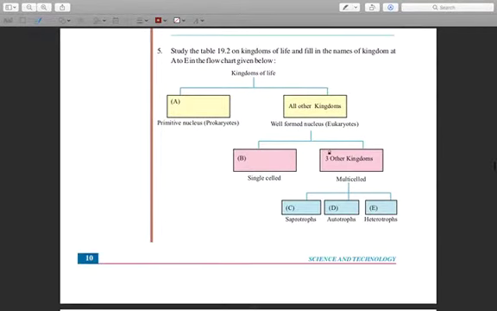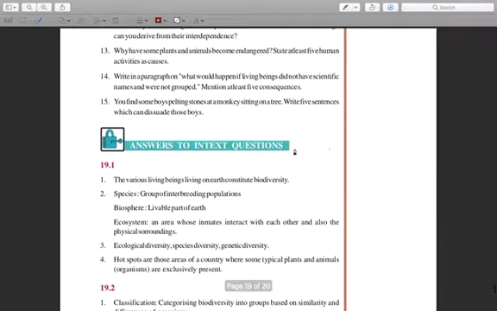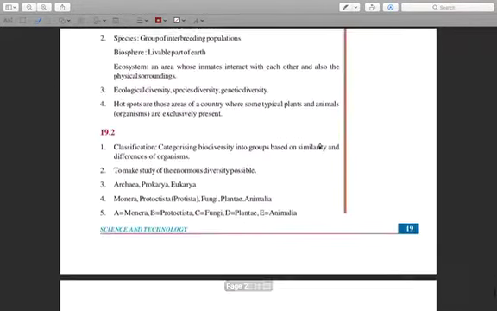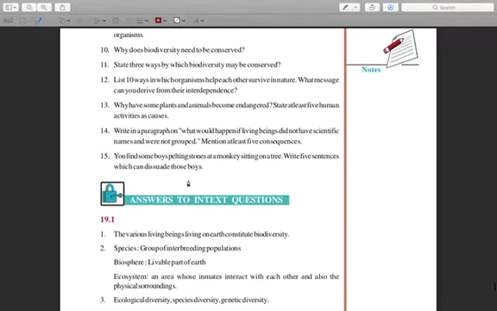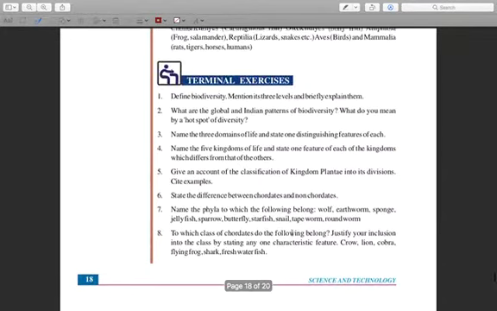First, you do that, and finally, you check the answers. At the end of the lesson, you have answers to the in-text questions. You finally check it. You don't directly write down the answers from there. Don't copy the answers from there. First, try to write down the answers with your own effort by referring to the lesson content. Then you check the answers. Fine, that is the first homework.